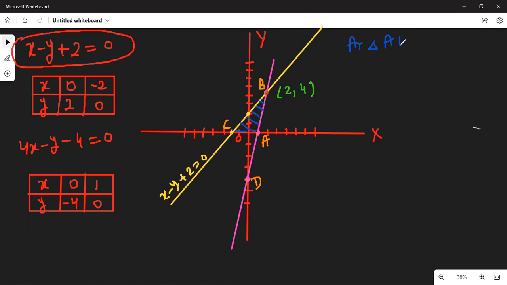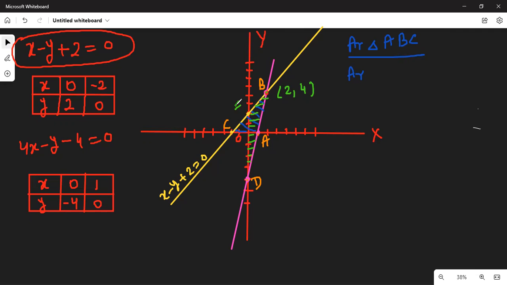So area of triangle ABC divided by, we have to find this ratio, area of the other triangle between y-axis and the lines, yes, this triangle. Right, so we have not named this point.